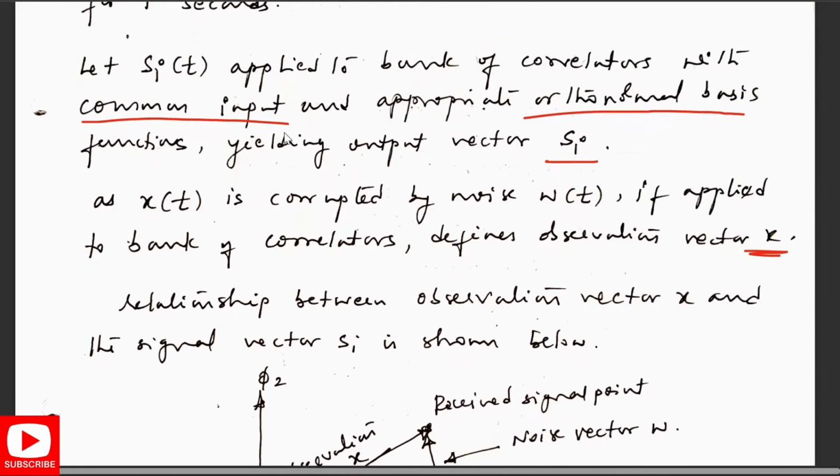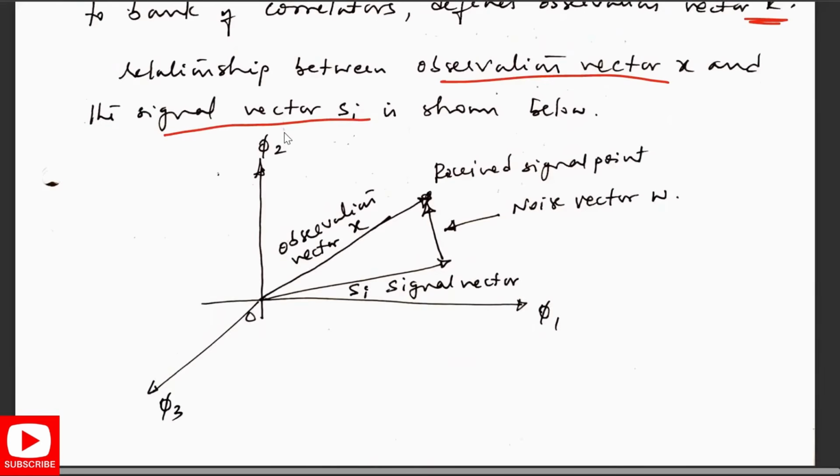The relation between the observation vector and the signal vector Si is given like this. Here this is my Si, the signal vector, and this is my observation vector. You can observe this is the noise vector W. This is our received signal point.